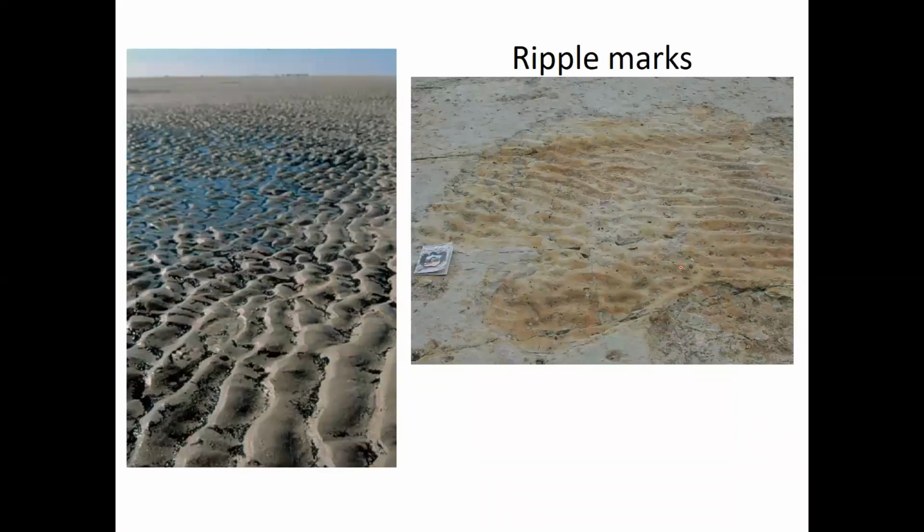Other clues might be structures preserved in the rock itself, like these ripples. You can see these ripples in the sandstone. Ripple marks are usually formed as a result of water flowing over sediment, such as a beach of an ocean, a lake, or a river.